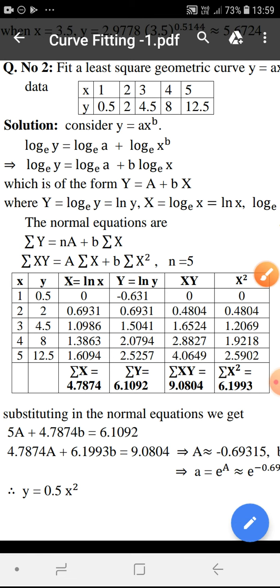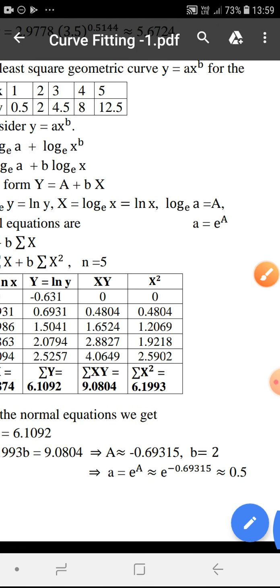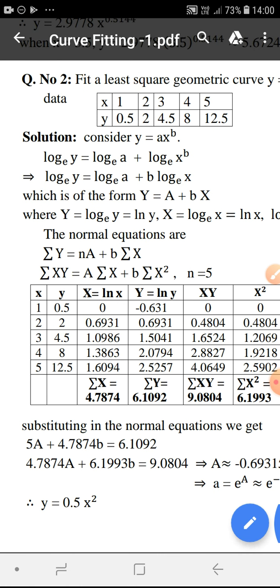Use the calculator and solve these two equations. You get the first unknown, capital A, as approximately minus 0.69315, and small b, the second unknown, as 2. The two unknowns in these normal equations are capital A and small b, so the first unknown means capital A, the second unknown means small b.